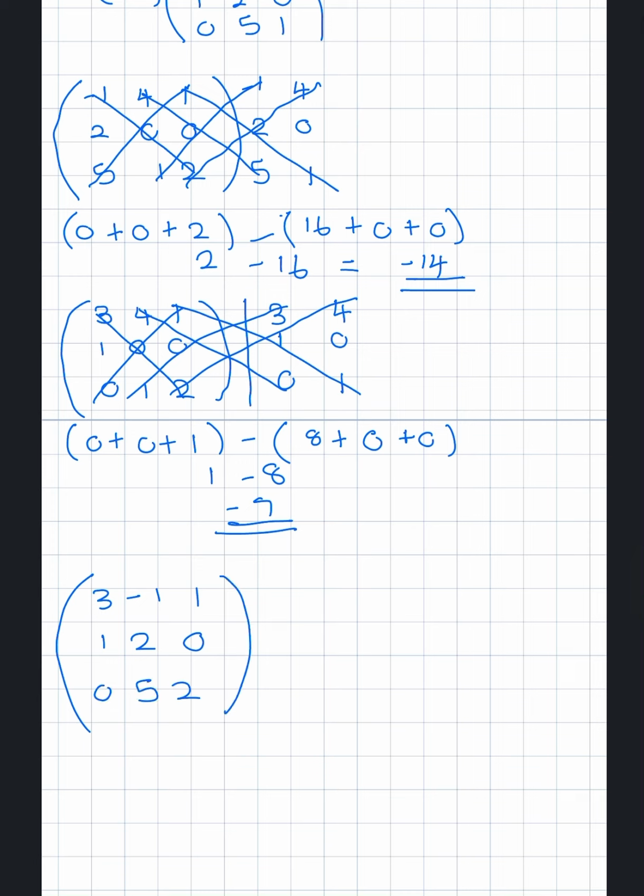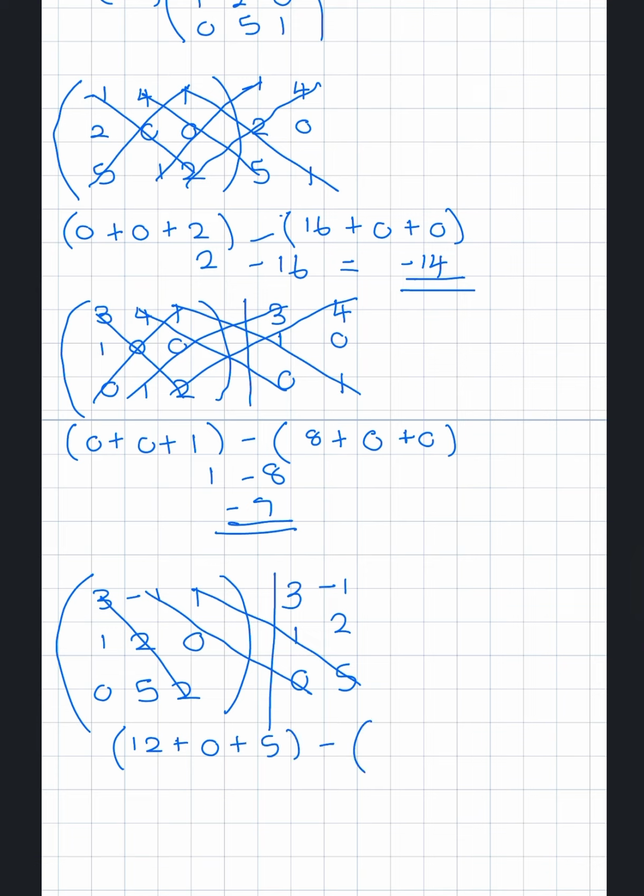Then we write the next values: 3, 1, 0 and minus 1, 2, 5. And then cancel the major diagonals. 3 times 2 times 2 is what? 3 times 2 is 6, times 2 is 12. Then minus 1 times 0 times 0 is 0. 1 times 1 times 5 is 5.